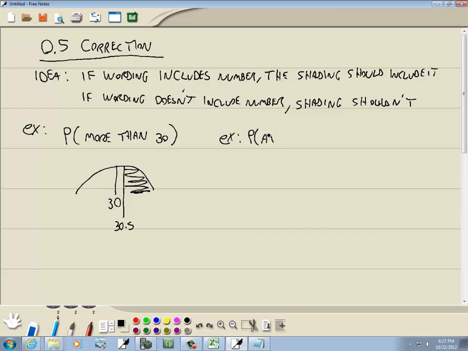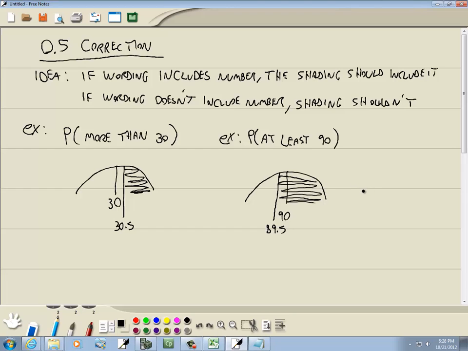If I look at at least 90. Here's 90. Does your wording include 90? At least 90. It does, doesn't it? So I'm going to subtract 0.5. At least means I shade to the right. Our wording includes 90, so our shading has to include 90.